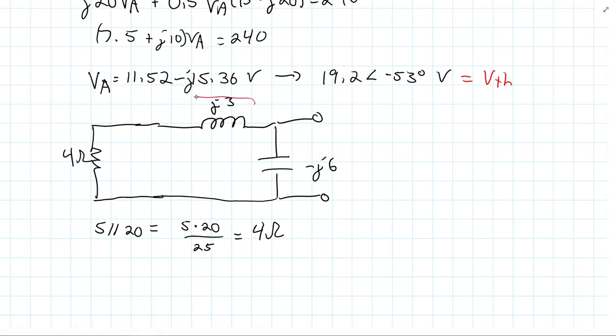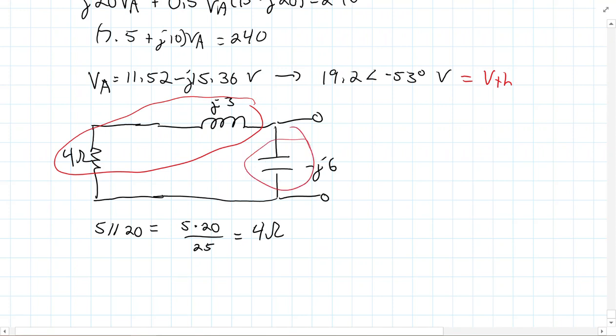So I can now see that these here are in series, and that result is in parallel with this. So ultimately I have 4 plus J3 in parallel with negative J6. And you can use your calculator to compute this however you want to.